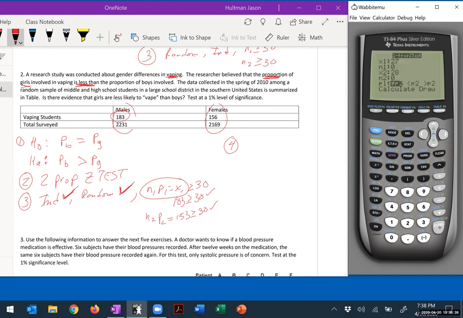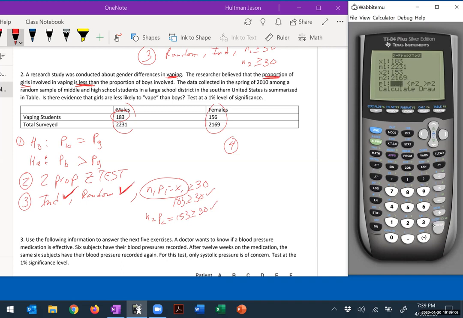So here, what's x1? X1 is 183 for the boys. Out of how many total boys? 2231. What about x2? That's 153 girls, out of 2169 girls.